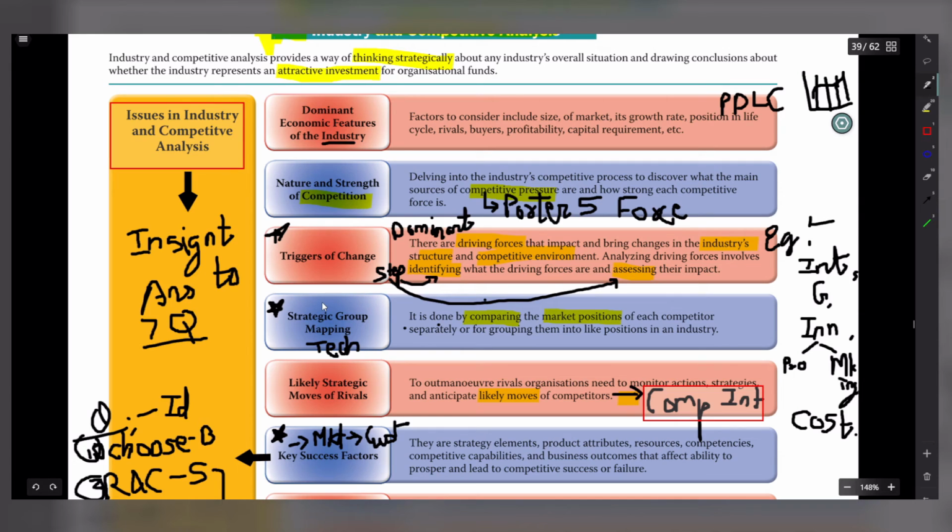So we have completed strategic group mapping. Then we assessed the strategic moves of rivals. By using competitive intelligence, we ascertain the strategic moves of rivals and whether we can defend against such moves or take an aggressive offensive, whether we should defend or attack.